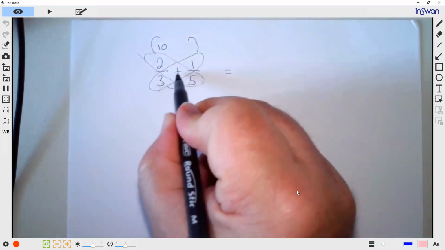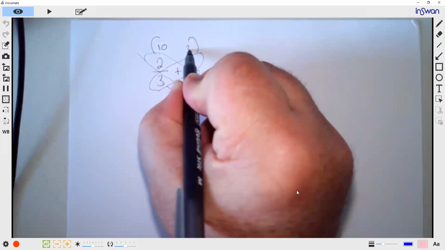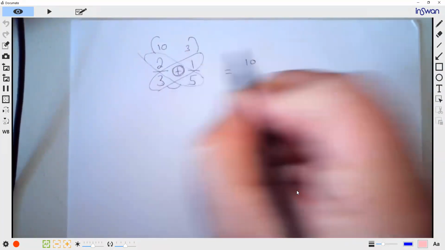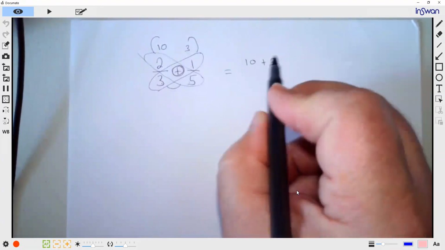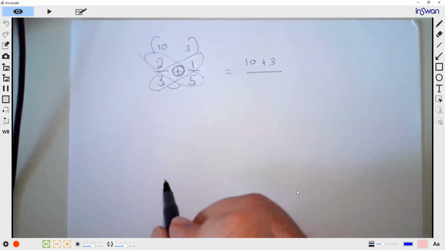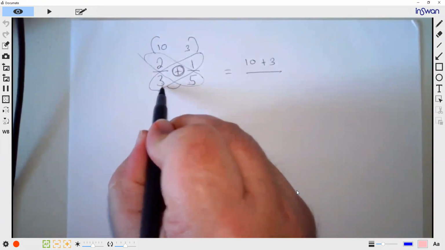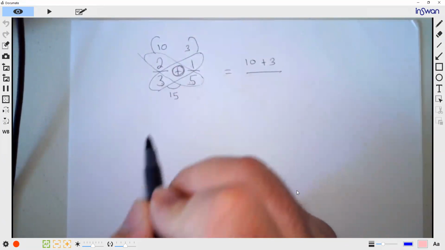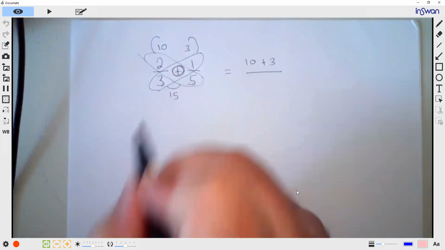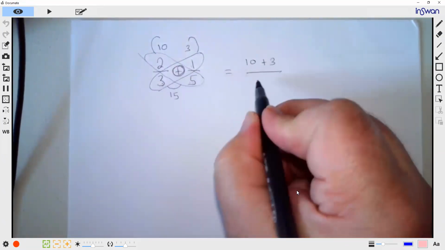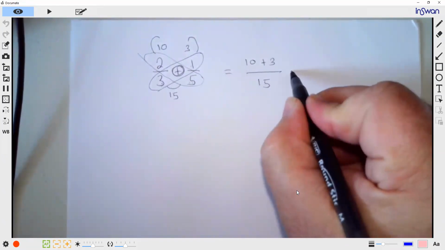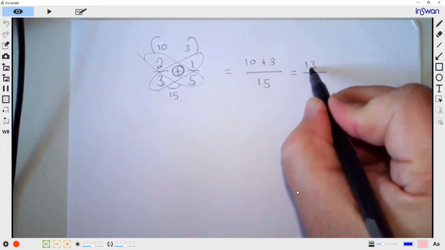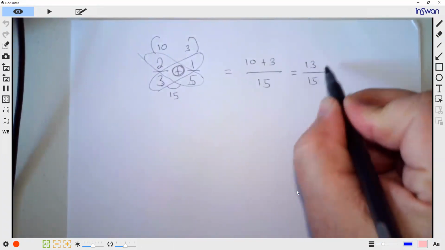And this one, 3 times 1 is 3. So it's 10, whatever this sign is, that goes on top. On the bottom, multiply these two. 3 times 5 is 15. So 10 plus 3 is 13 over 15. And there you go.